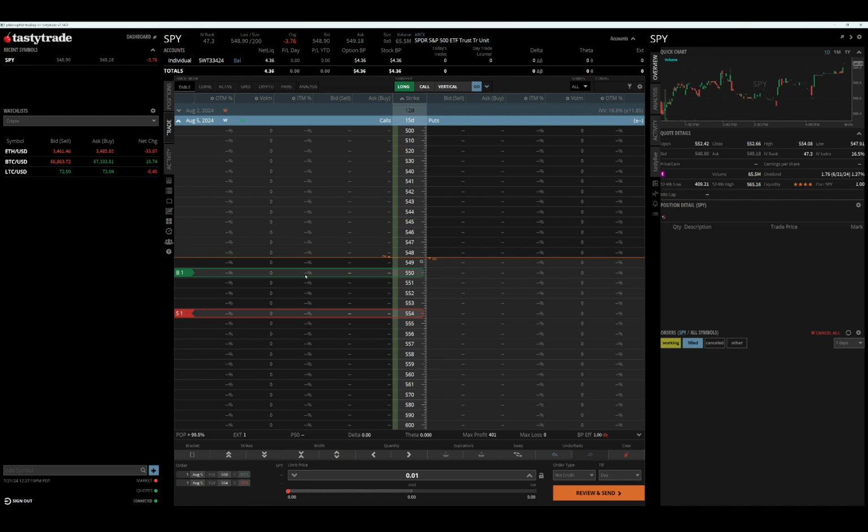In this case, that difference is what you're actually risking in this play. The worst case scenario is you sell this, you buy this, this is going to be worth less, and so the worst case is you're buying that difference in their premiums, or the cost of the contracts.